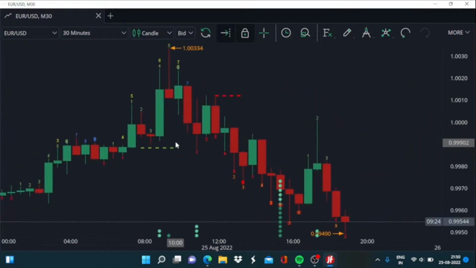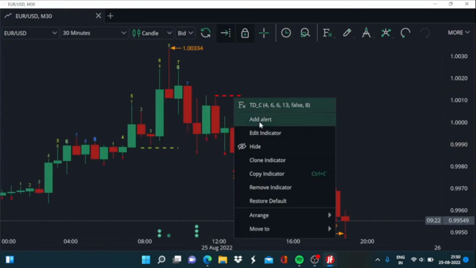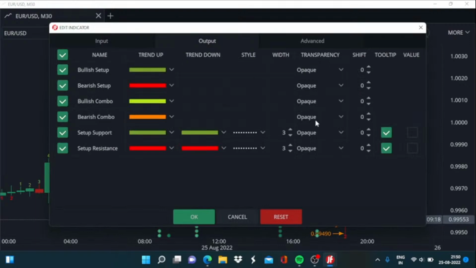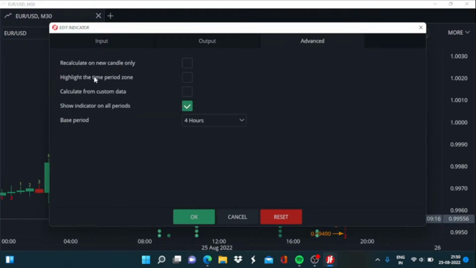All right. Now coming to the editing option again. The advanced versions, we can opt for the recalculation on new candle only. So whenever we have the new candle form, the output value of the TD combo indicator will remain fixed regardless of where it goes on to close eventually.